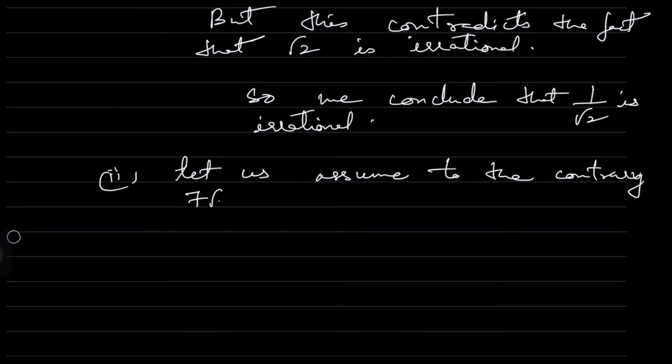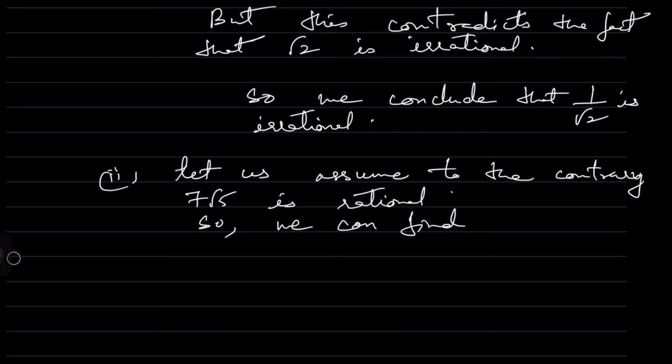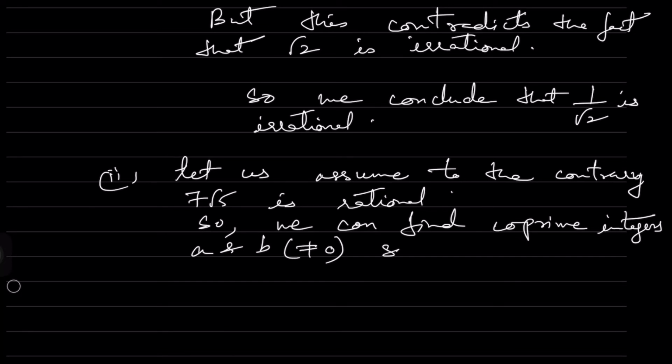So you are always taking a contradictory statement, that whenever a number multiplied with an irrational number is rational, actually we have to prove that it is irrational. So we can find co-prime integers a and b such that b is not equal to 0. Then we can write 7 root 5 is equal to a by b.